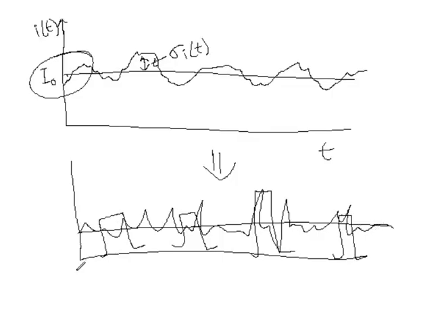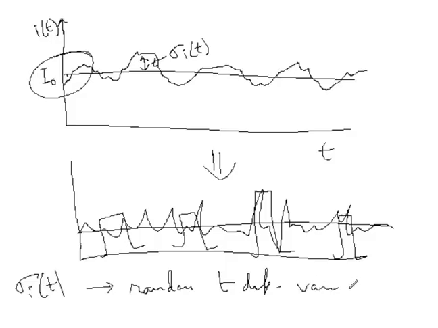Note that this sigma I(t) is a random, time dependent variable. Why does it occur?